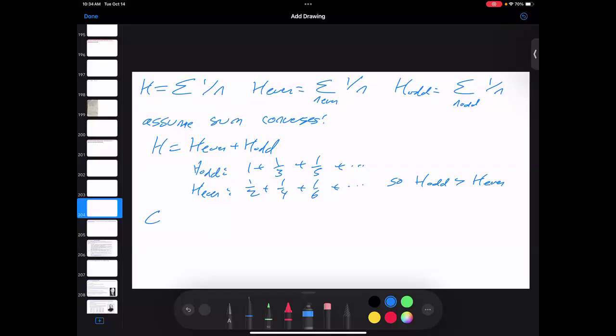I claim H even equals 1/2 H. Because H even is 1 over 2 times 1 plus 1 over 2 times 2 plus 1 over 2 times 3 plus 1 over 2 times 4 plus dot dot dot. So I can just pull out a 1/2 from everything.